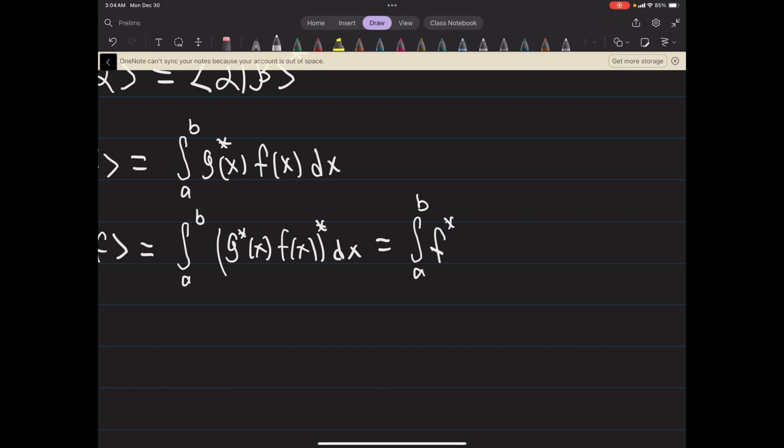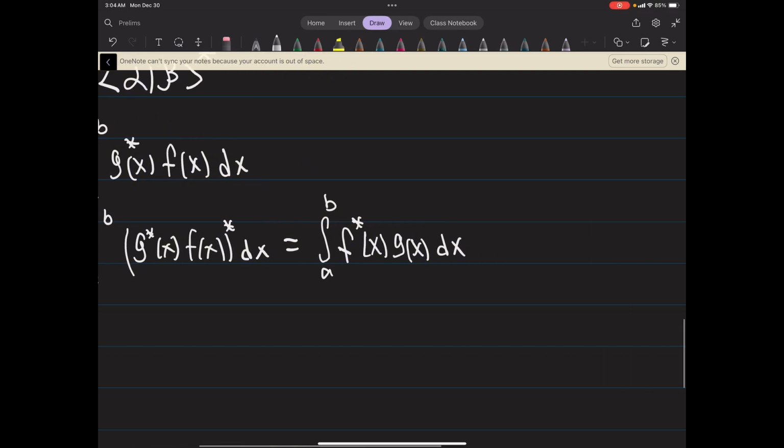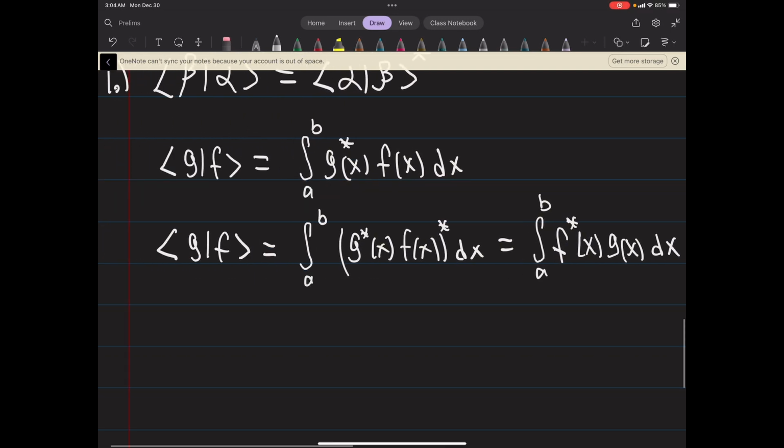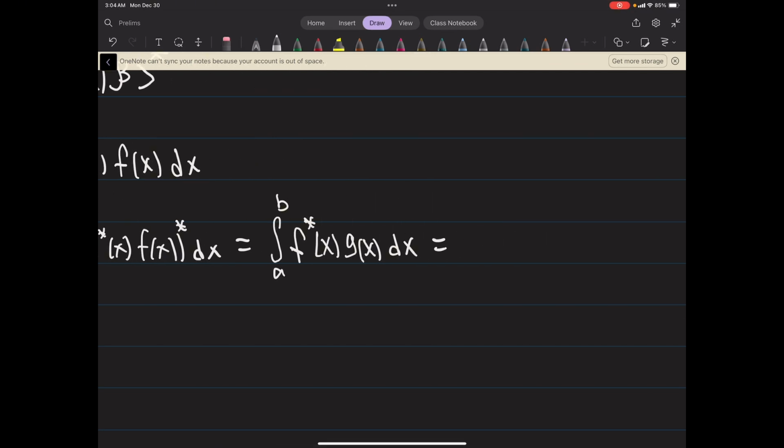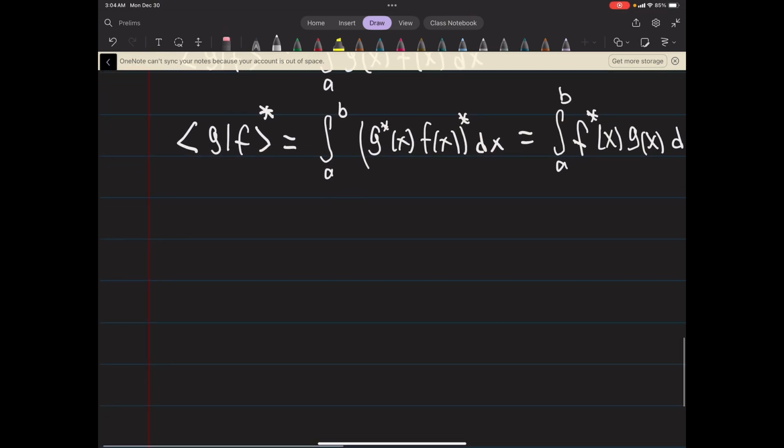Now our function f is complex conjugated, and g of x no longer is, because we're taking the complex conjugate of the complex conjugate. And this is clearly equal to, so I should have mentioned, that's equal to this inner product. So that condition is satisfied. That's the first one we looked at.